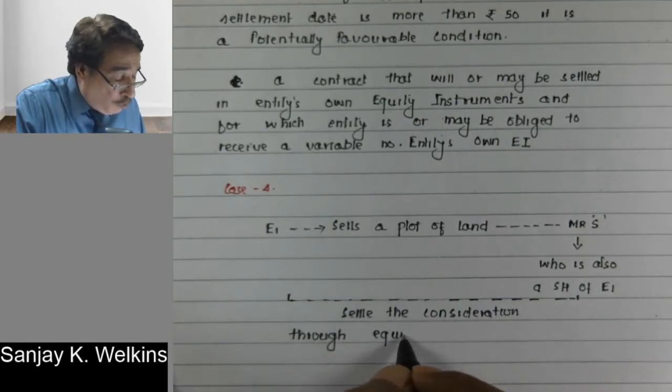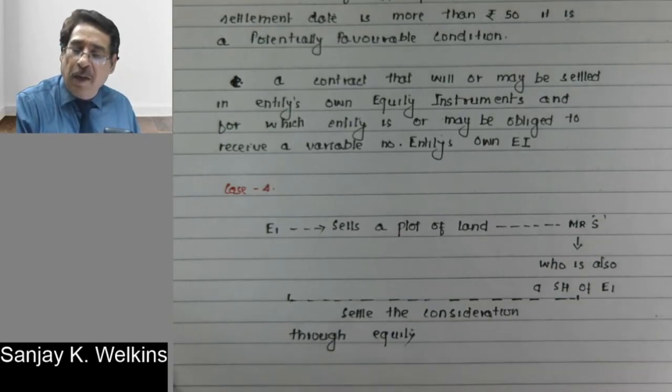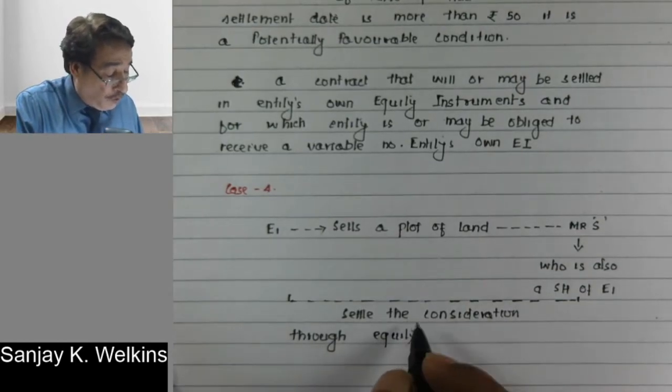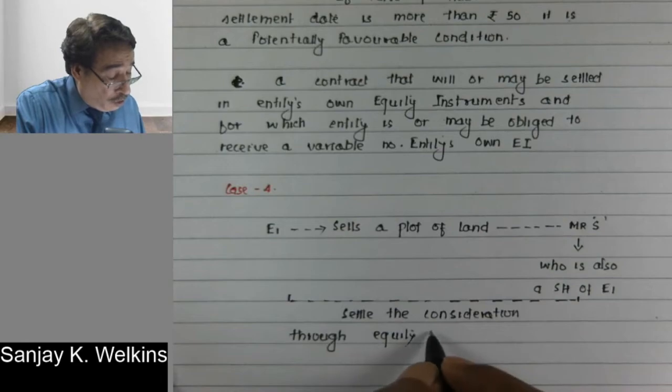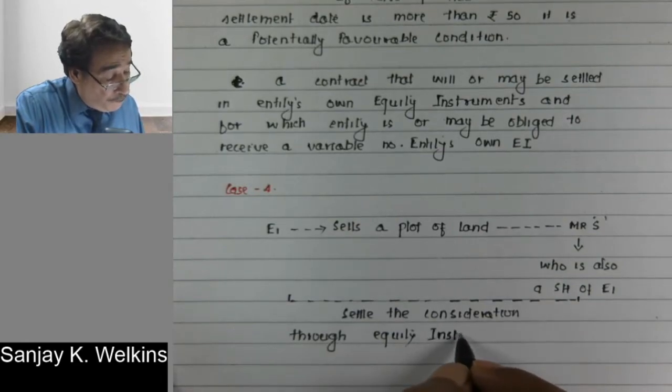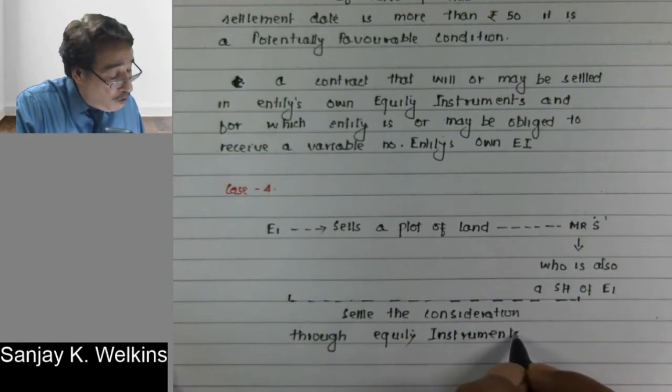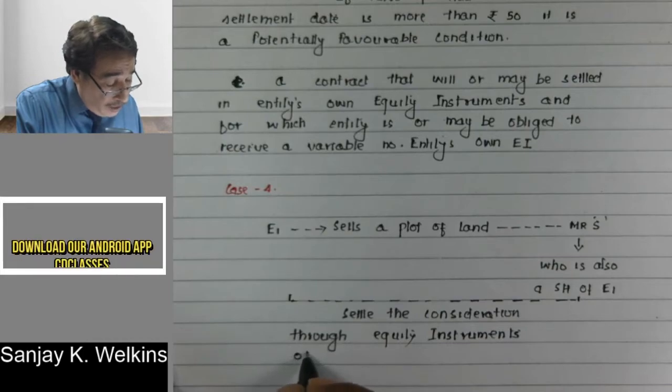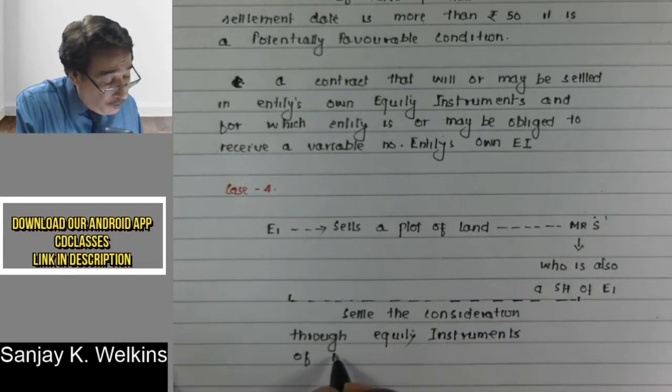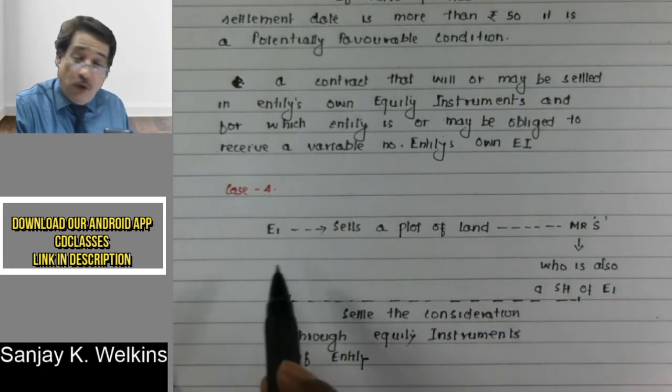Whenever I am writing equity instrument, you consider them equity share capital till the time I explain the correct meaning. Settle the consideration through equity instruments of the entity held by him, because he is a shareholder of this entity.